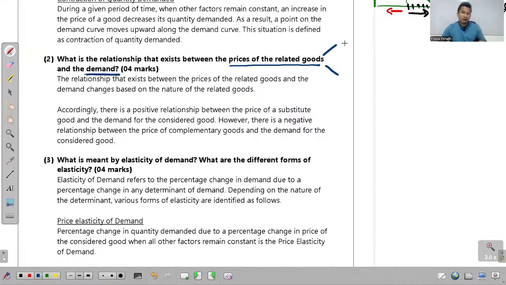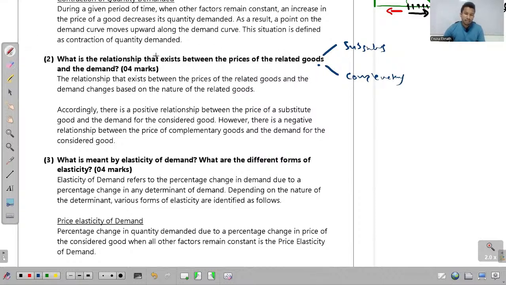On one side, you have substitutes. On the other side, you have complementary goods. Clear? So you need to write it separately.